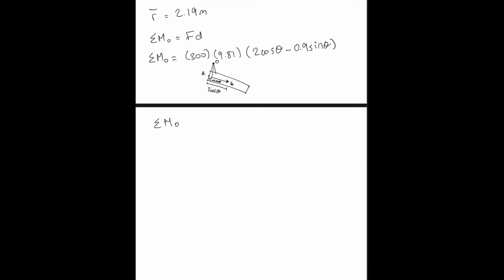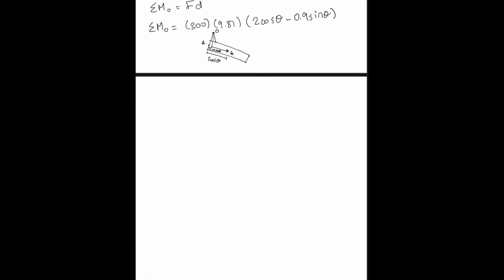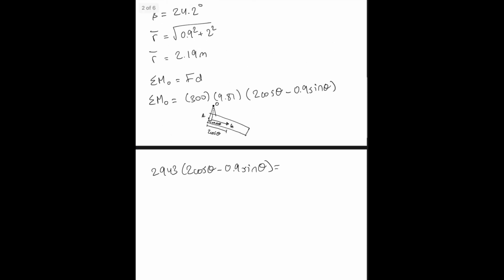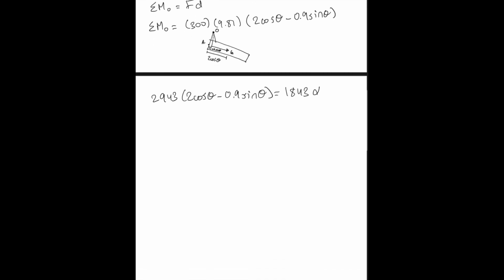Now, once we've plugged that in, we now know that 2,943, which is 300 multiplied by 9.81, multiplied by 2 cosine theta minus 0.9 sine theta is going to be equal to the rotational inertia, which we calculated was 1,843, multiplied by the angular acceleration.